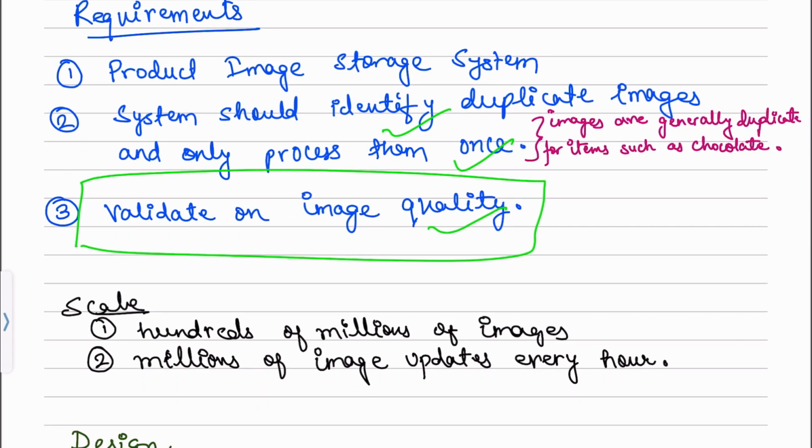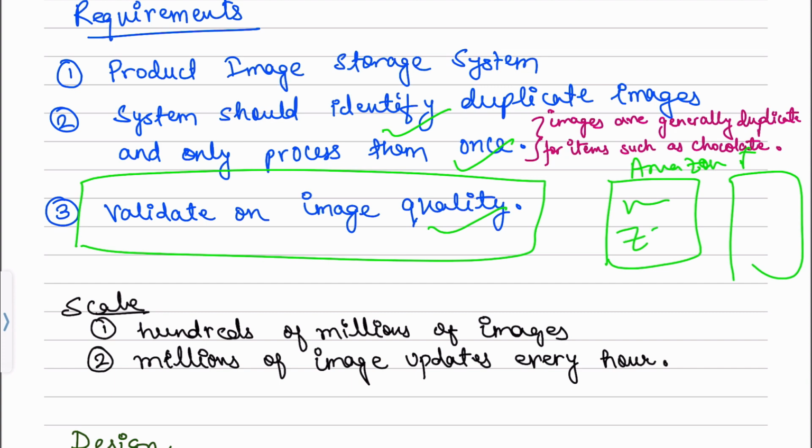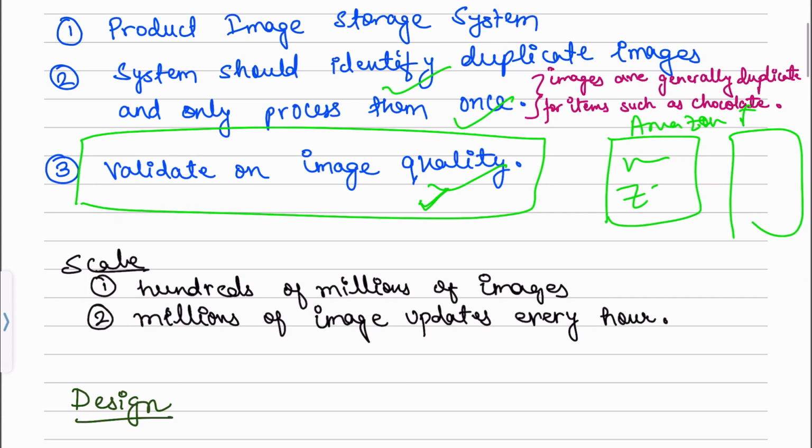But in the case of a product catalog, let's say Amazon, where different products are sold, or Flipkart, or Uber Eats, or Zomato, any of these systems have to display perfect images so that users get the actual view of how the product looks. So to validate that quality, the system should also ensure that the image is of proper quality, or if there are any videos, those videos are of proper specifications, specific format, specific size, and all those things. Our system should be able to handle that.